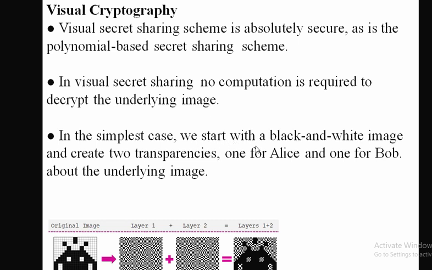In the simplest case, we start with a black and white image and create two transparencies, one for Alice and one for Bob. See, this is our original image. This is one for Alice and this one is for Bob. If we combine these two pictures, then we will get the original message.